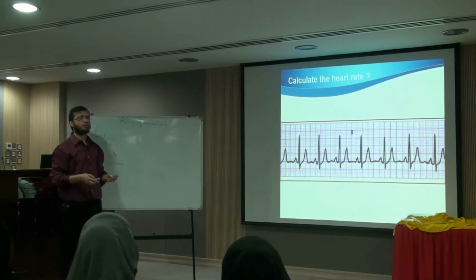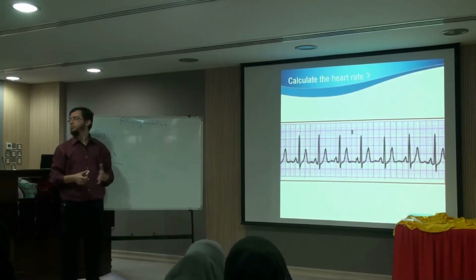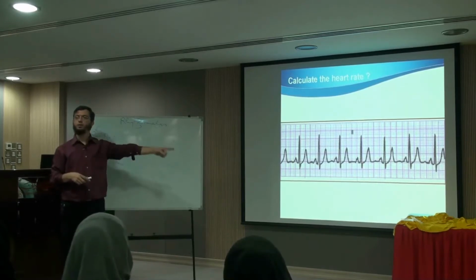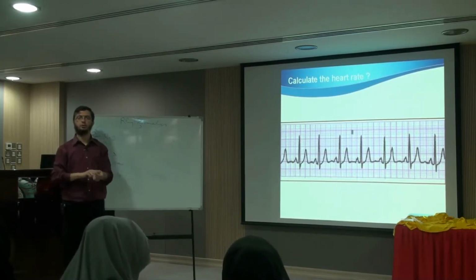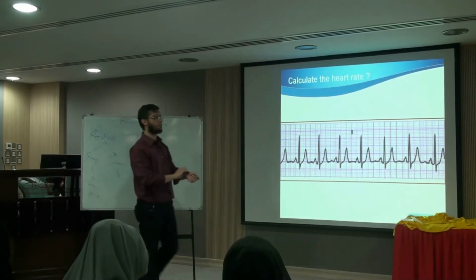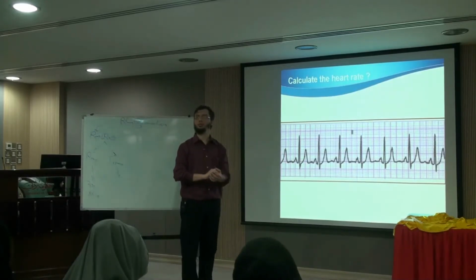So how to calculate in this case? We would have to count the R waves in the whole 300 large squares, like how we calculate the heart rate by staying on the pulse of the patient for 1 minute and seeing how many beats there are in the minute. This is the heart rate.